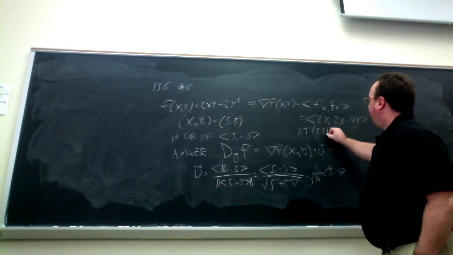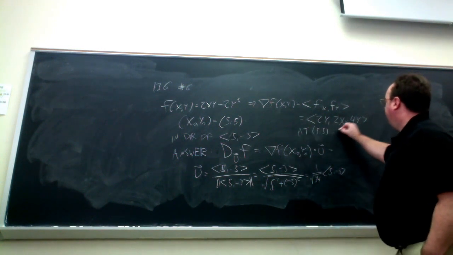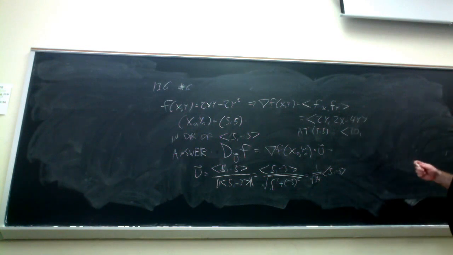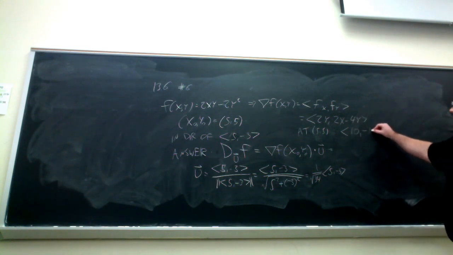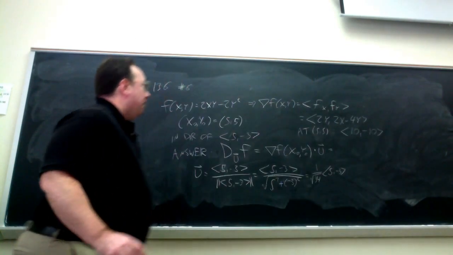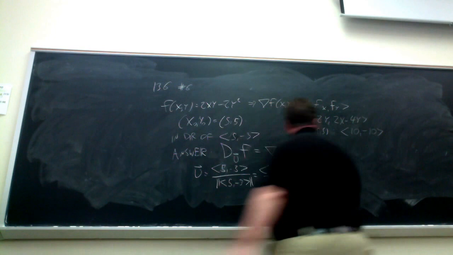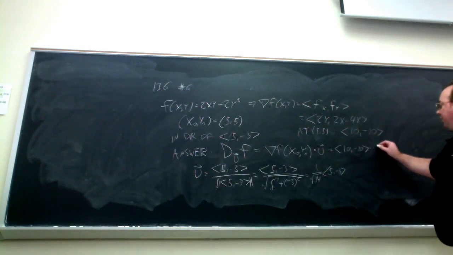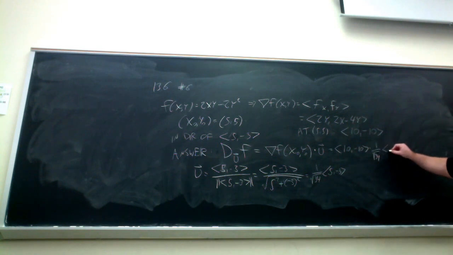Now we'll plug in the point that we're given, 5, 5. So we get 10 and then minus 10. Now we know exactly what we need to take a dot product of: 10 minus 10, dot product with 1 over the square root of 34 times 5 minus 3.